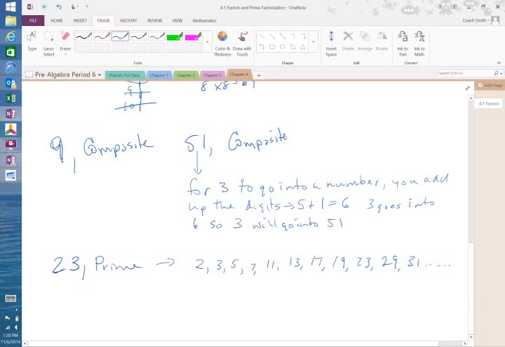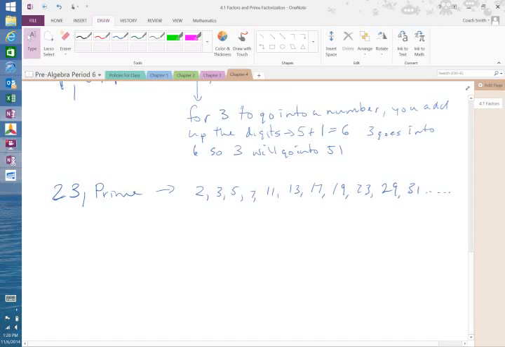Remember, there's only one even number that is prime, and that is what? 2. That's the only even number that is prime. Why wouldn't 4 be prime? Because 2 can go into it. Same thing with 6, same thing with 8, same thing with 10, so on and so forth. Then let's look at prime factorization.